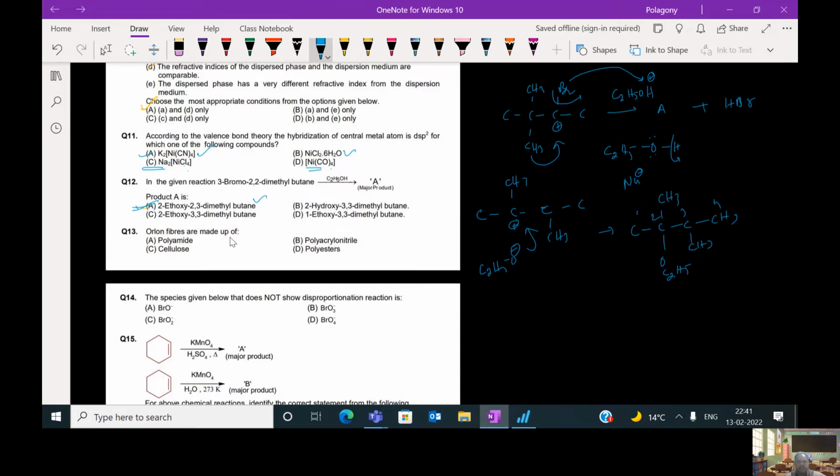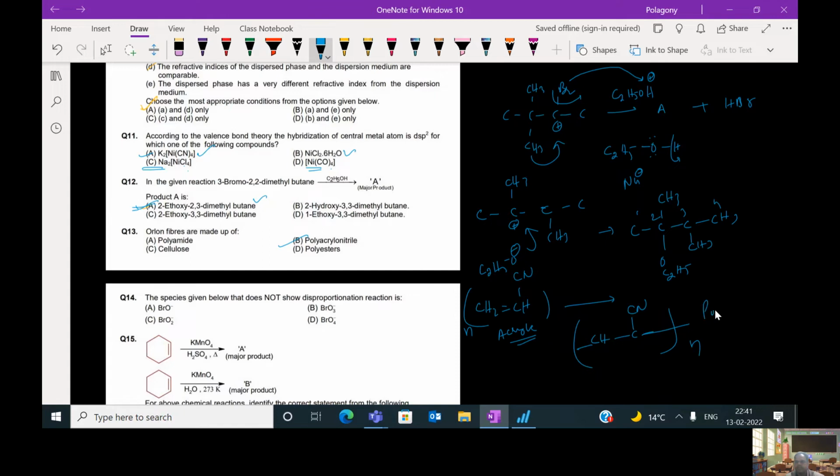The Orlon fibers are made up of polyamide, cellulose, or polyacrylonitrile. So P is the most appropriate, because CH2=CHCN has the nitrile group. This is the acryl compound. When n number of molecules are subjected to polymerization, we can get the polymer.